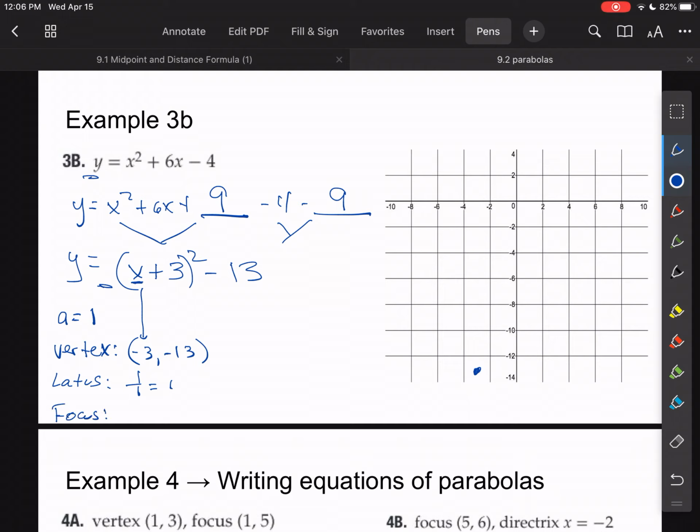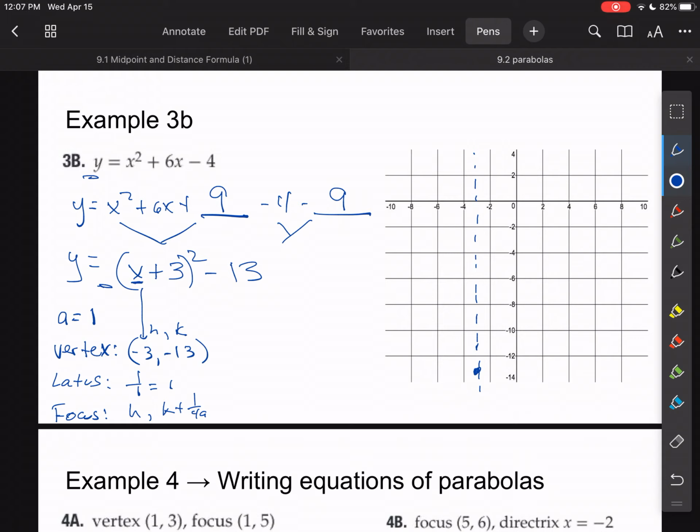Okay, so for the focus, notice that my x value of the focus, if this is opening up, has to stay the same. So that's how I keep this straight. The focus will be h, comma, k plus 1 over 4a. Remember that this is h, this is k.